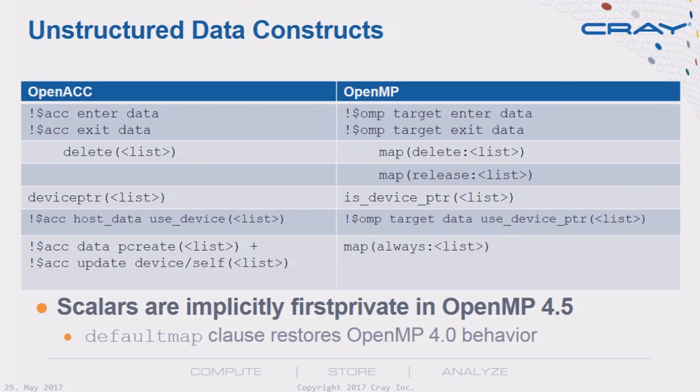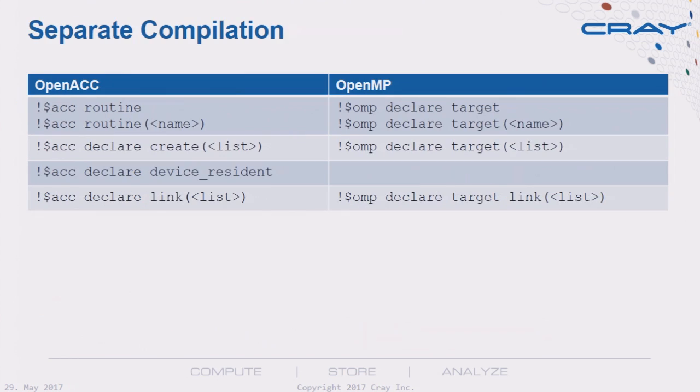And yeah, that's one more slide. Then we can also specify so-called separate compilations, where we can tell the compiler whether functions should be created for a target device or not.